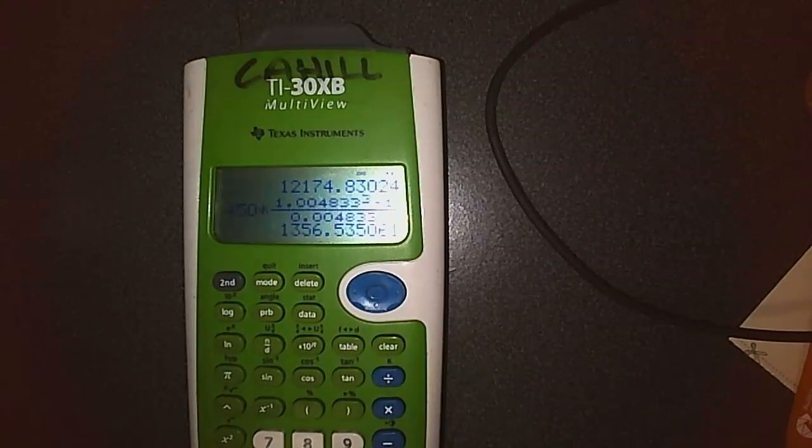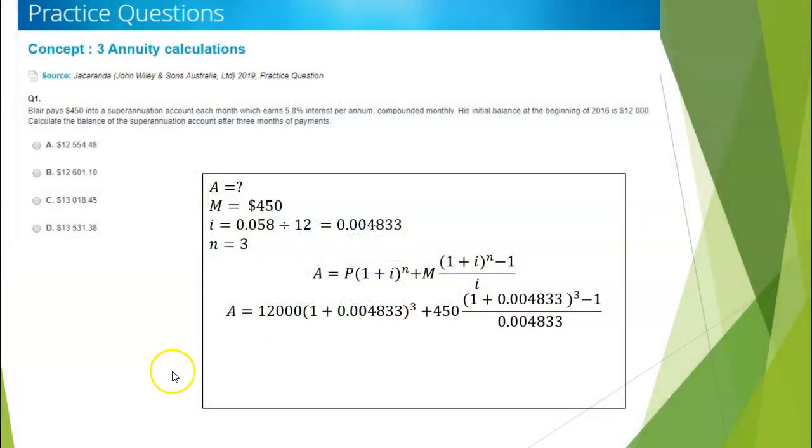Enter is $1,356.54. So when I add those together, I get $13,531.38. So that would be answer D.